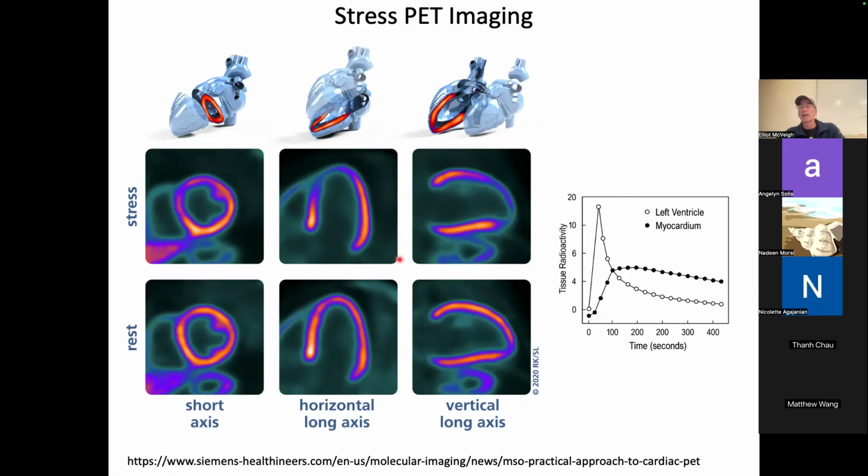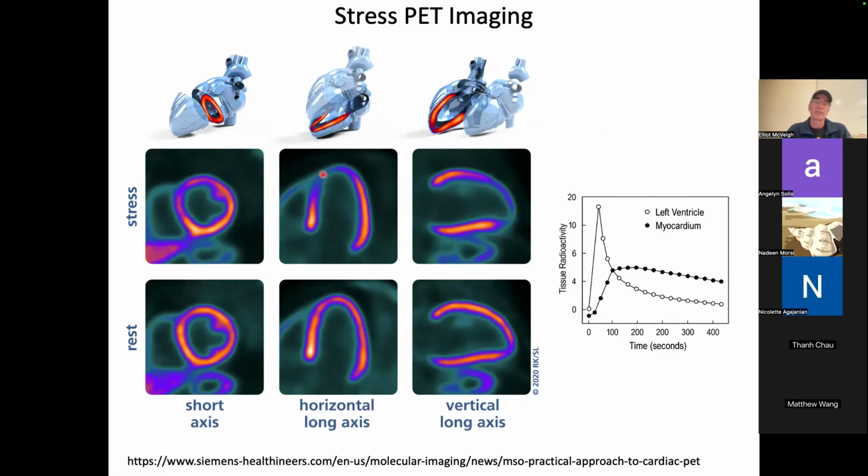We'll image them under stress with whatever stress agent we have chosen. Remember, we had pharmaceutical agents, we had exercise, however you want to do it. And then we get an image of the uptake of the agent during that stress.